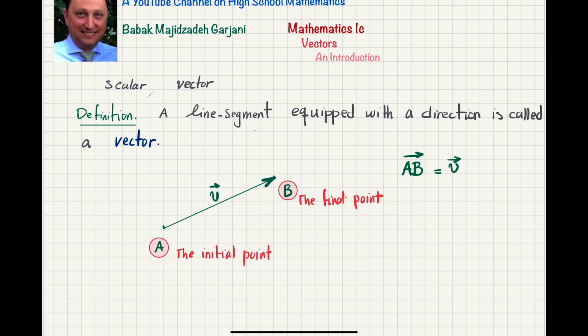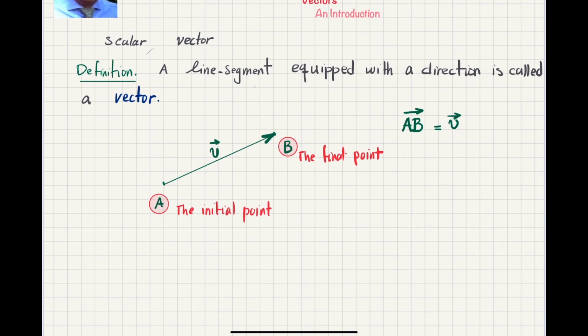Either you can call it vector AB, or you can call it simply vector V by putting a V on it. Usually it doesn't matter if you put the V here, some books put the V here, it doesn't matter. If the initial and final points are important, we have to use this symbol. If they are not that important for us, we just use a symbol like that to denote it. Any questions? So that is the official definition of a vector.